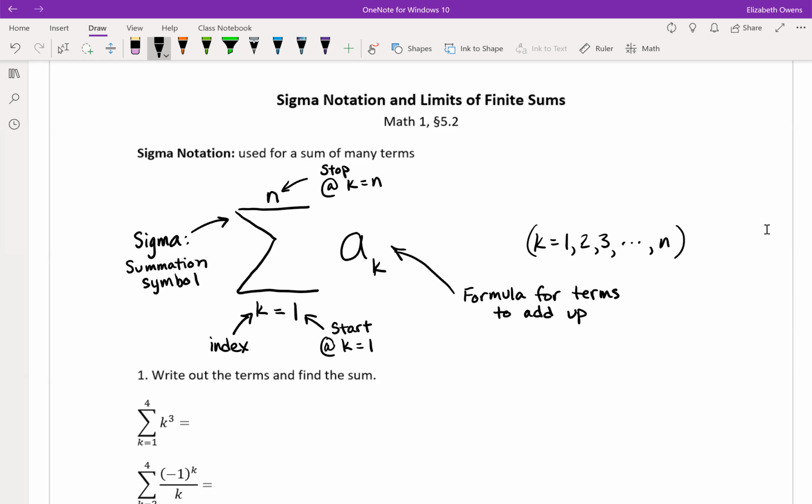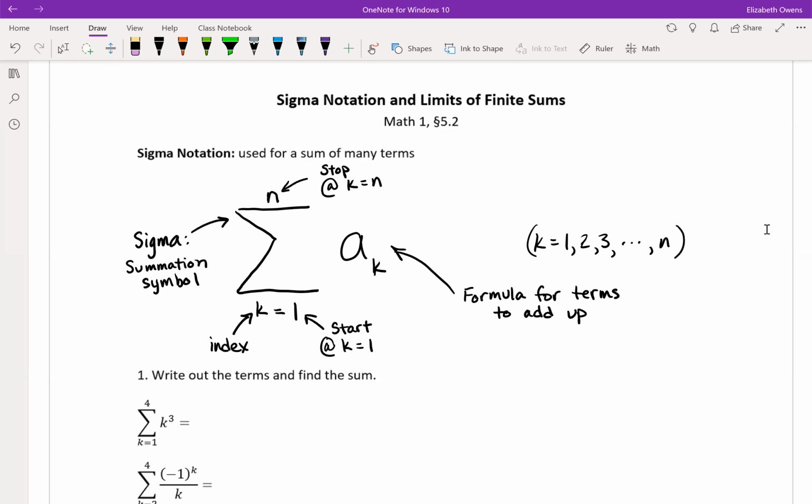Each time your index k changes from 1 to 2 to 3, etc., that's going to give you a new term, a sub k, based on whatever k value you're on at the moment. And then you'll just keep adding up those different terms.